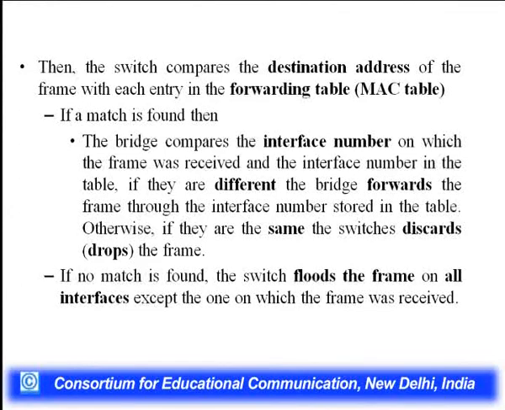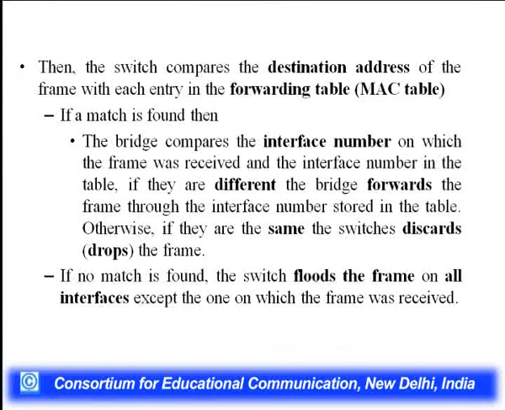Then the switch compares the destination address of the frame with each entry in the forwarding table. If a match is found, the bridge compares the interface number on which the frame was received and the interface number in the table. If they are different, the bridge forwards the frame through the interface number stored in the table. Otherwise, if they are the same, the switch discards the frame.